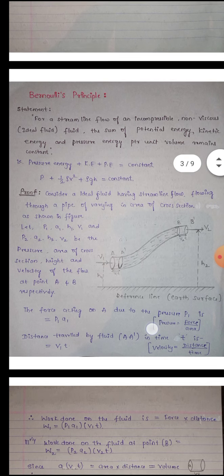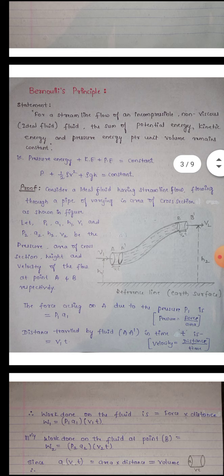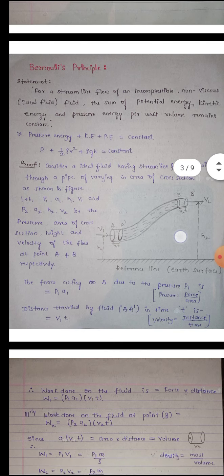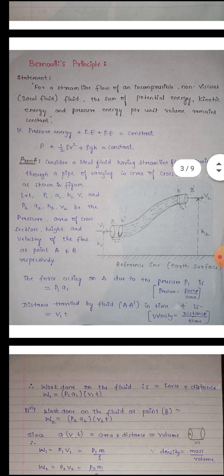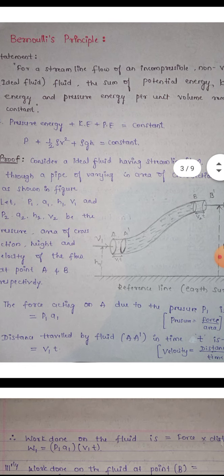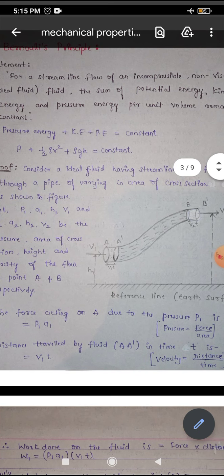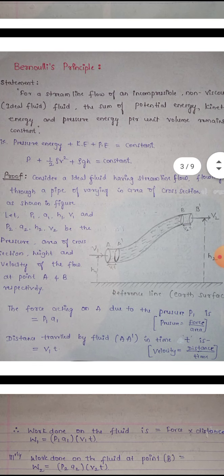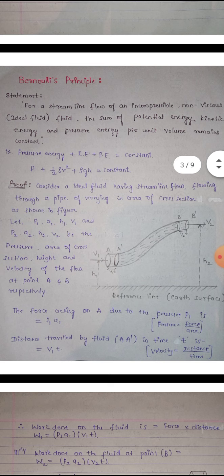Let us see the proof of this Bernoulli's principle. Consider a pipe which has a varying area of cross section. As you can see, the area at this point is larger than at this point. Consider an ideal fluid.